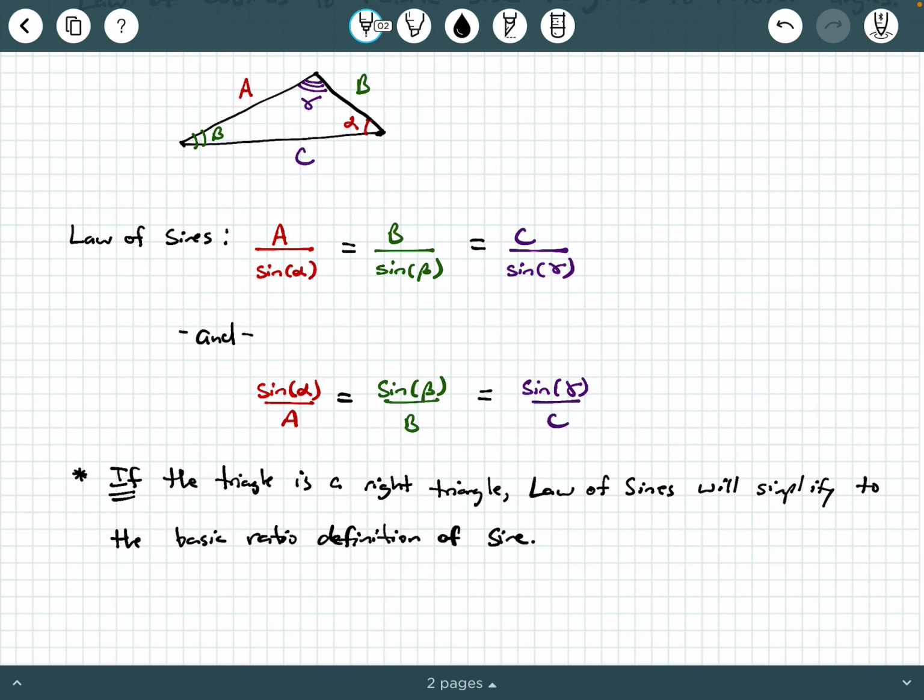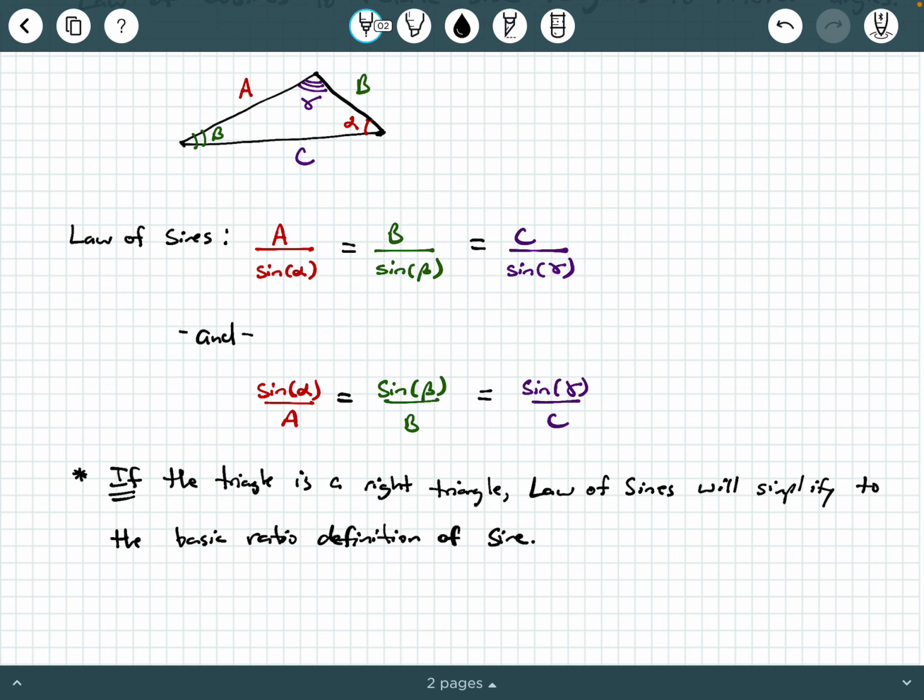Okay, so here's what's cool. Law of sines really works on any triangle, even if it is a right triangle. It's just if you have a right triangle and you use the law of sines, it's just going to simplify down to your basic ratio definition of sine or cosecant, depending on which version you're using. Okay, so that's something kind of handy to keep in mind, okay?